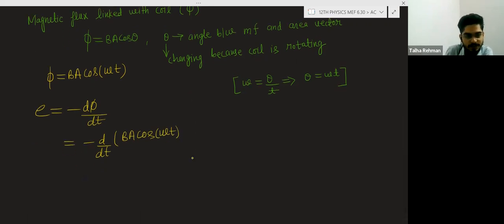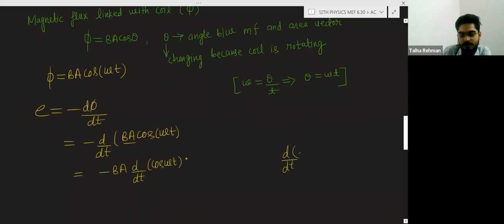So now we can differentiate this. BA is constant, so it will be out of the differentiation. Now you can differentiate cos omega t. The differentiation of cos omega t is minus sin omega t. When you do d/dt of sin t, you will get cos t.